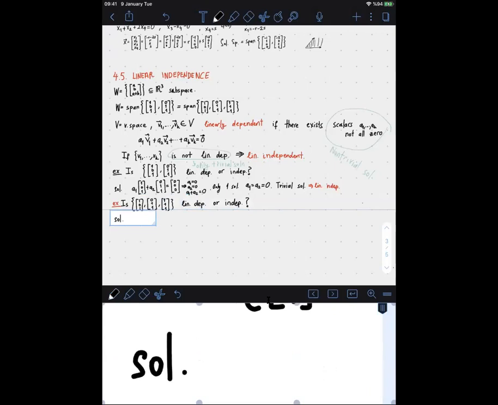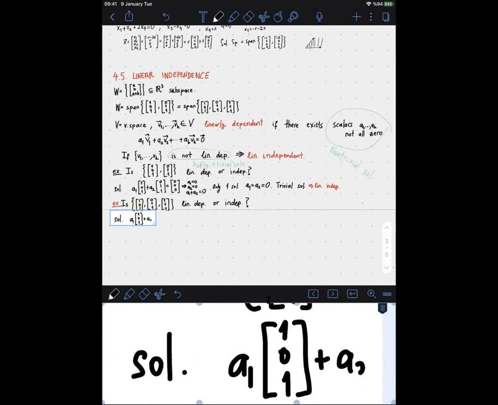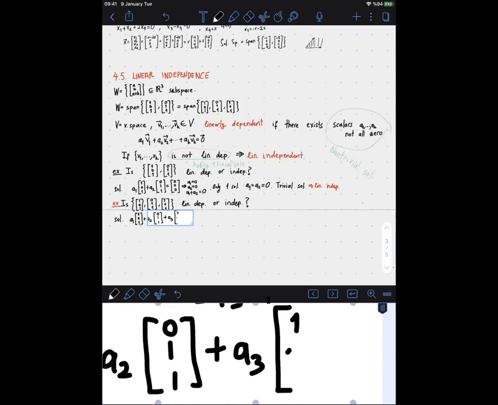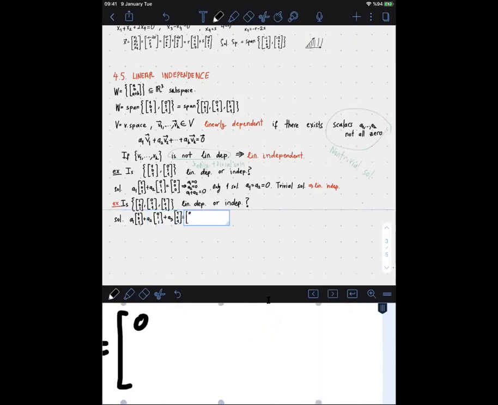So we form this product, which is a1 times (1, 0, 1) plus a2 times (0, 1, 1). Now I have another vector, so I have to use the symbol a3, times (1, 1, 1), which equals (0, 0, 0).